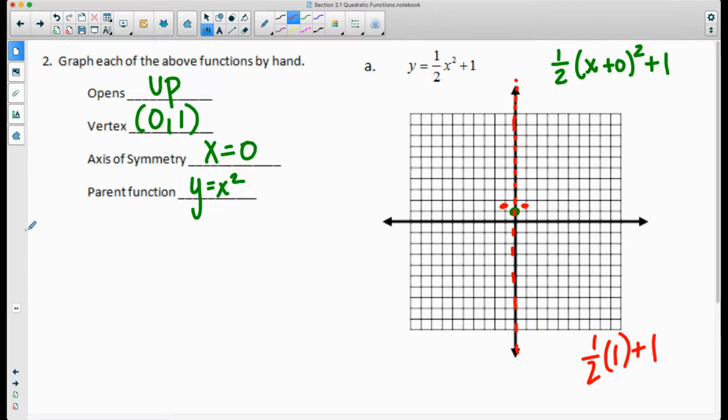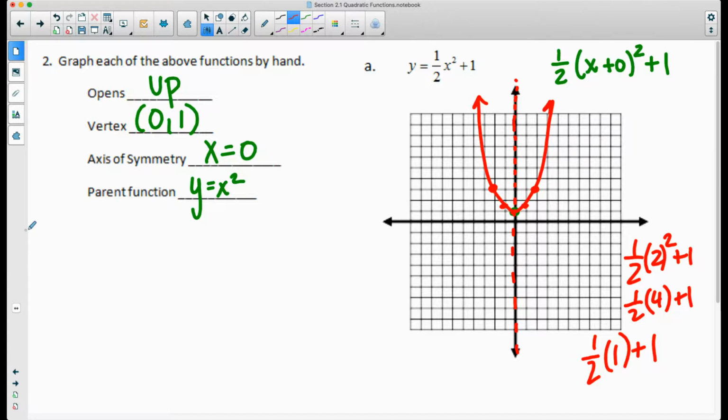If I plug in 2, I get 1/2 times 2 squared plus 1, which is 1/2 times 4, which is 2, and 2 plus 1 gets me 3. Across the axis of symmetry, you have your other dot. You need at least 3 points to draw your graph. After that, you can just sketch it.